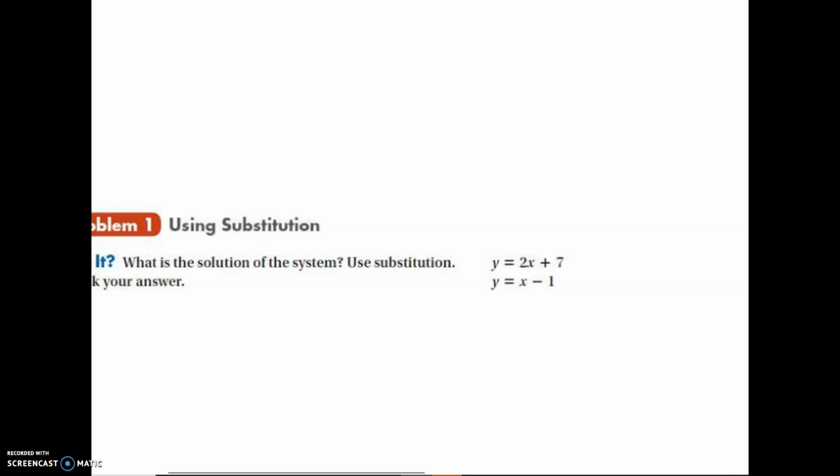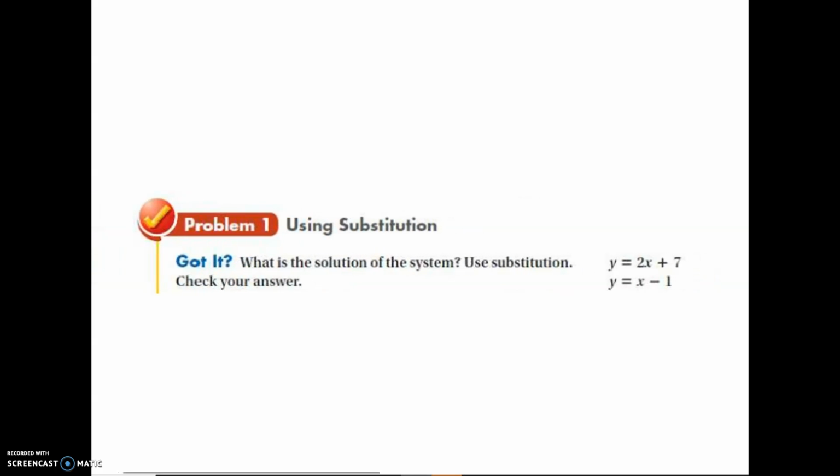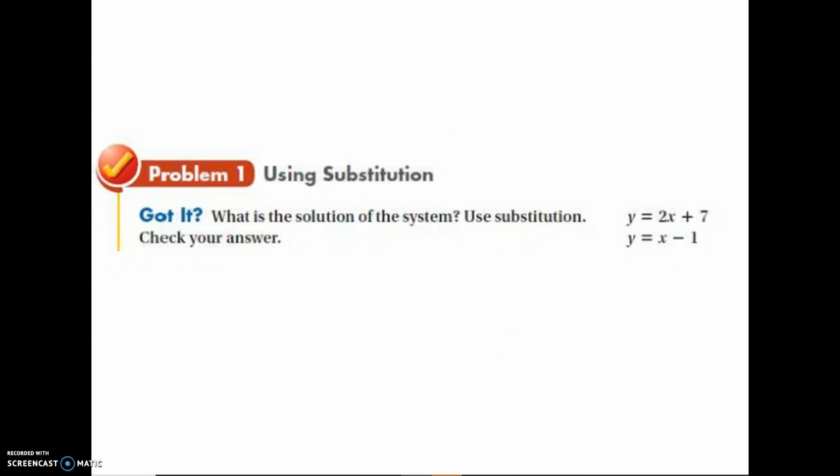Now, let's look at an example using substitution. In this first example, we want to solve the system by using the substitution method. And this is what I consider a nice problem because both equations, as we can see here, are already solved for y.